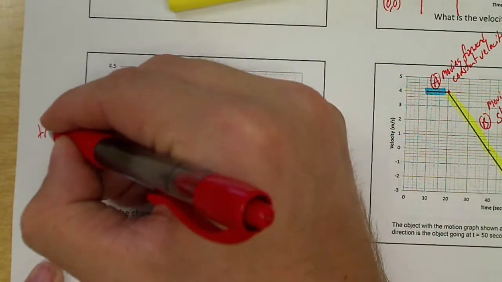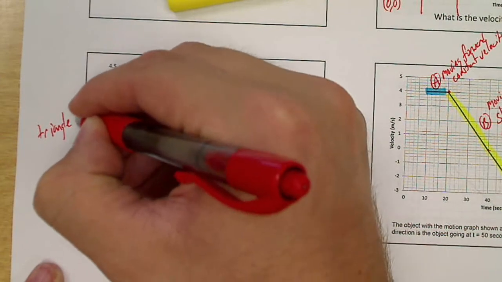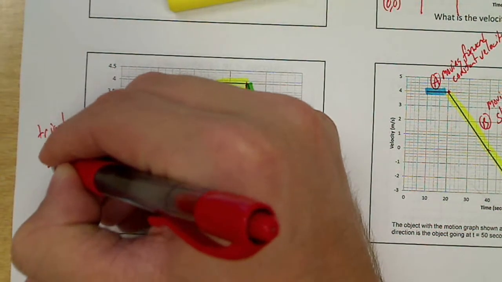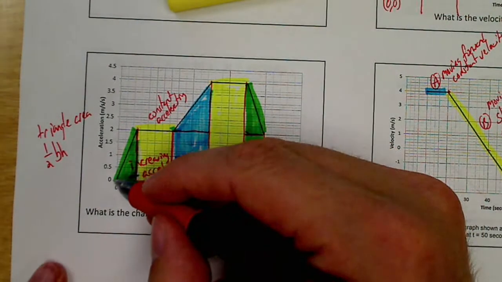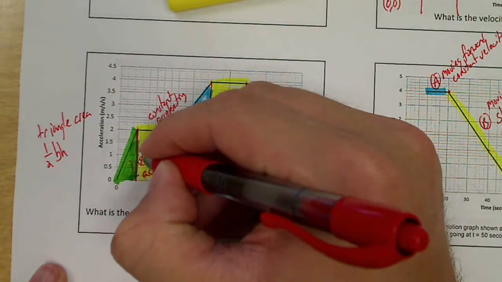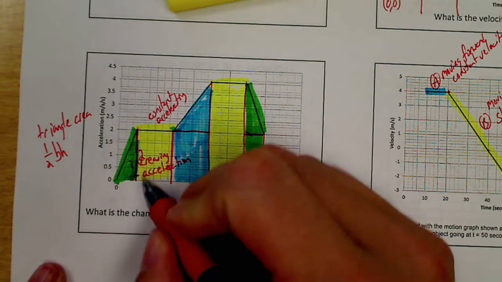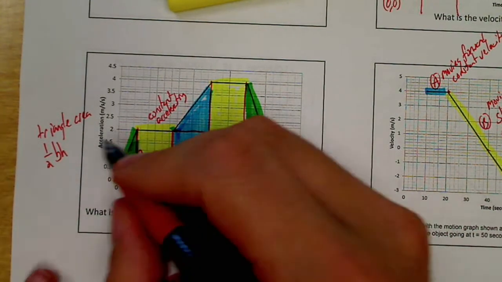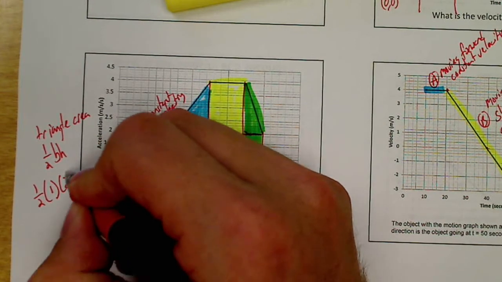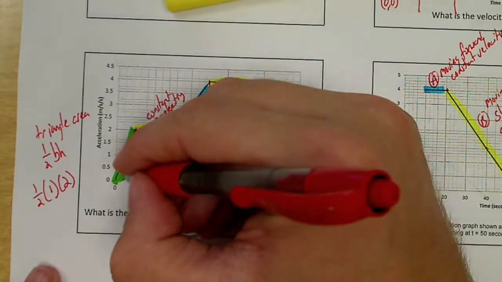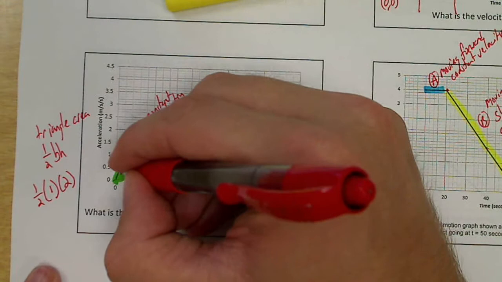A triangle area is 1/2 base times height. So the height goes from 0 to 2, and the base goes from 0 to 1. So if I do 1/2 base times height, the area here is 1.